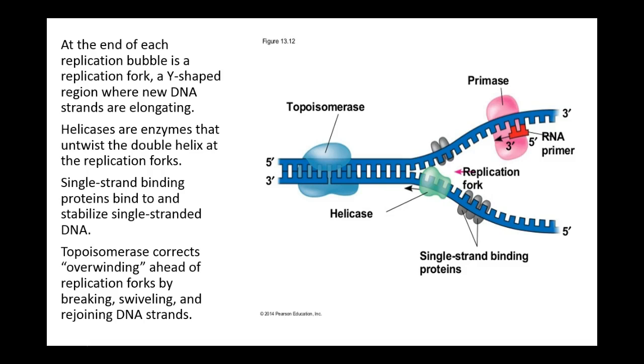So these single-strand proteins keep them apart, and also just stabilize the fragment itself. The primase puts in an RNA primer, so that the enzyme that's going to bring the new nucleotides in recognizes where it goes. Primase basically marks it.